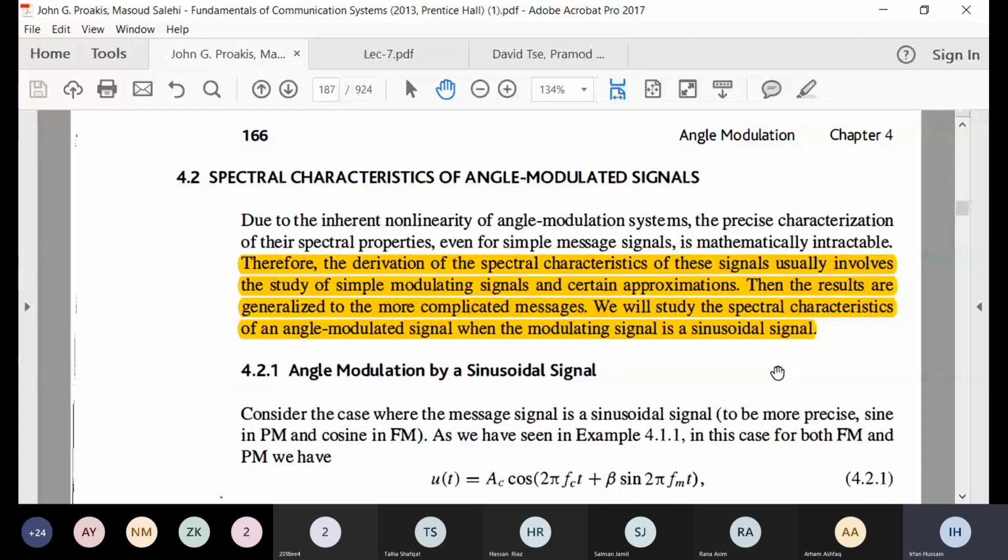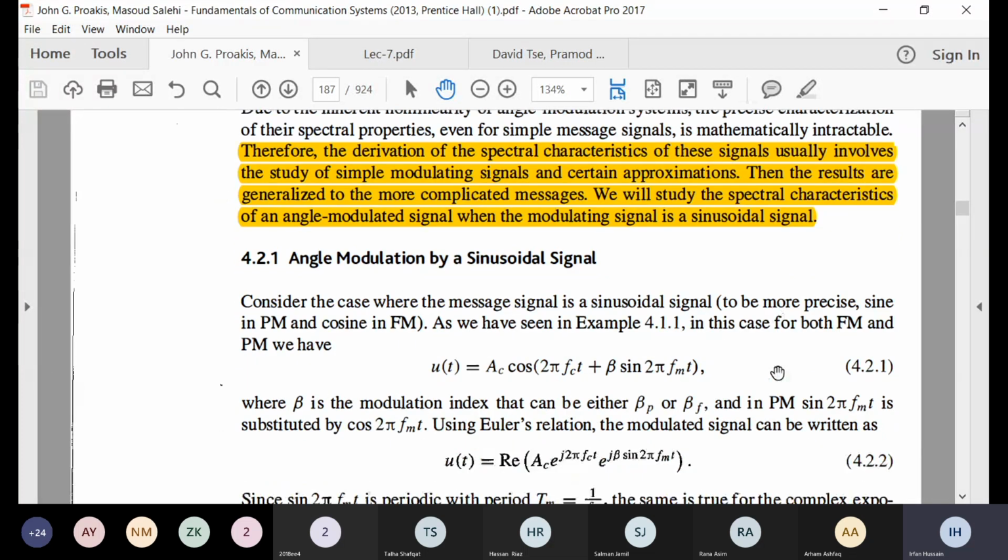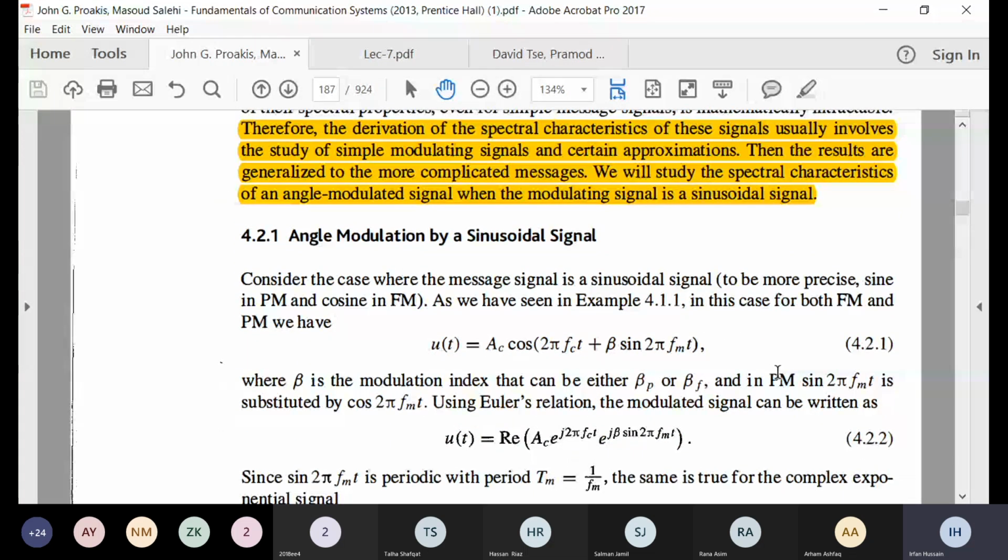So in PM it will be just the sinusoid into Kp. That will become your PM signal, but in your FM, your phi t will be the integral of your sine, so that will become a cosine into kf, 2 pi kf, and all that you have just seen.